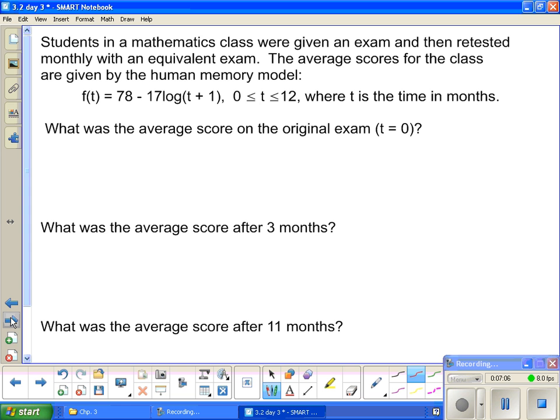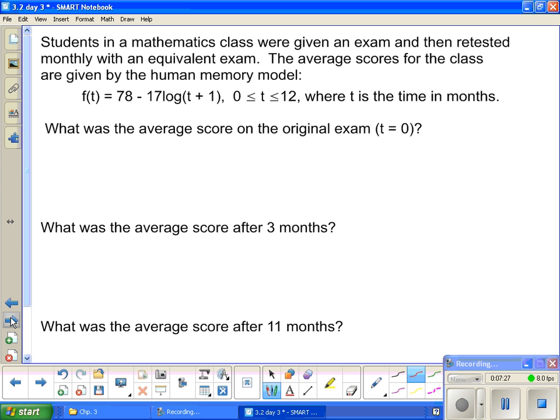Okay, so there are word problems associated with natural logs. Students in a math class were given an exam and then retested monthly with an equivalent exam. The average scores for the class are given by the human memory model, 78 minus 17 log of t plus 1, where t is greater than or equal to 0 and less than or equal to 12. t is the time in months.